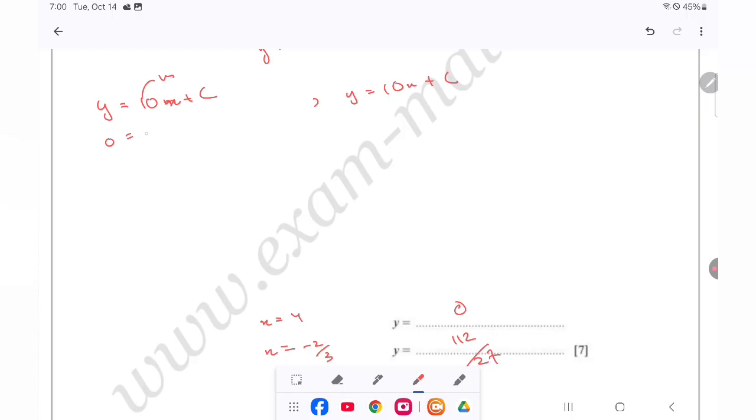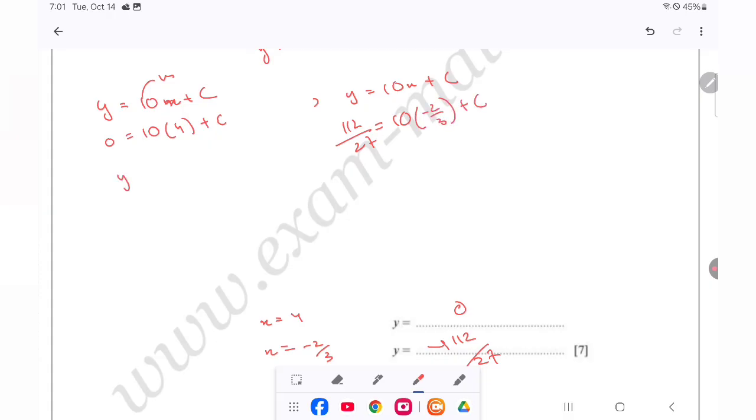First, for y is 0, 10 and x is 4 plus c. For the second one, this is our y value, 112 over 27 equals 10 times the x value, negative of 2 over 3, plus c.